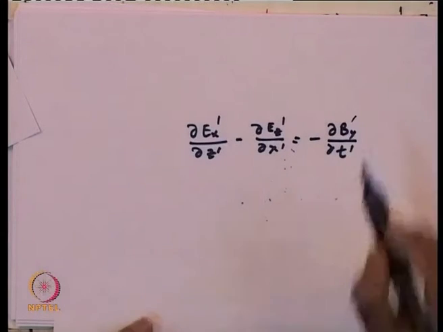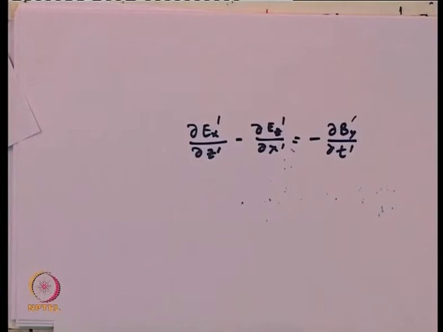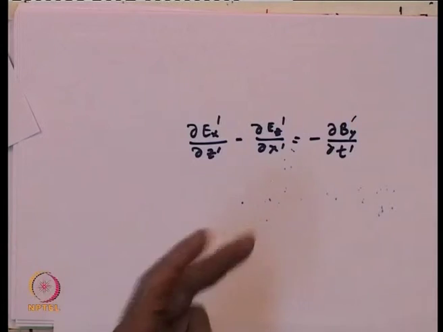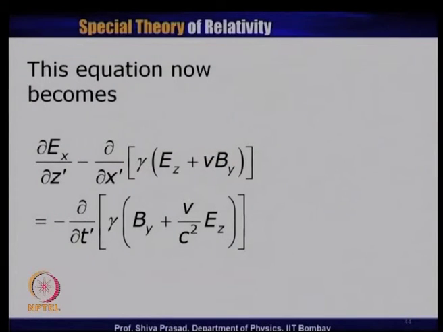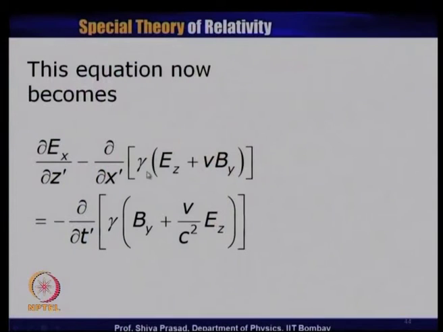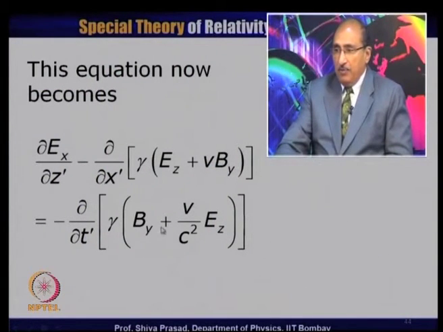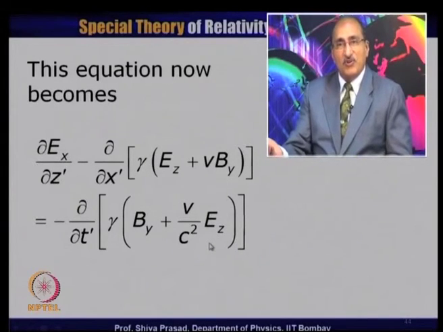I am sorry, there should be a prime here, because this is what I expect. If I am able to write the same equation in the S prime frame of reference, I will be able to say that things are consistent in the S prime frame of reference. This is the equation which I have written here. If this happens to be equal to Ez prime, and if this happens to be equal to By prime, I know that these equations will be identical in the S prime frame of reference.